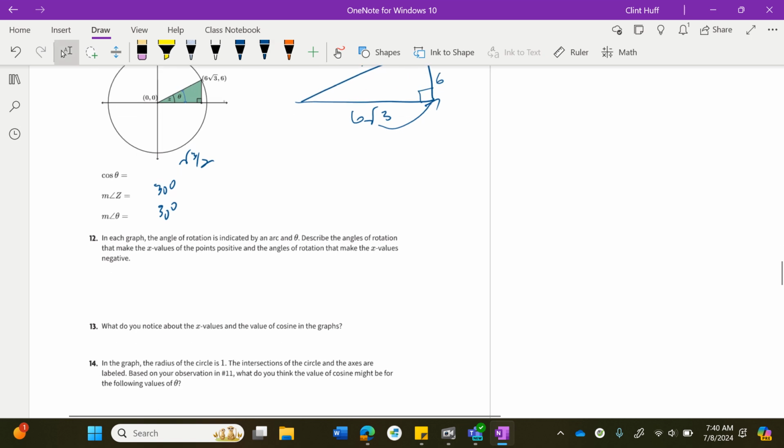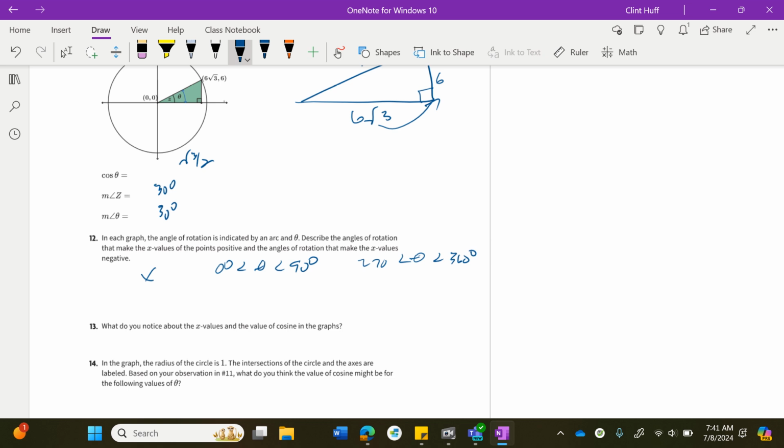Okay, so in each graph, the angle of rotation is indicated by the arc theta. Describe the angles of rotation and the x-values when they're positive. So x is positive when theta is between 0 and 90, and also when theta is between 270 and 360.